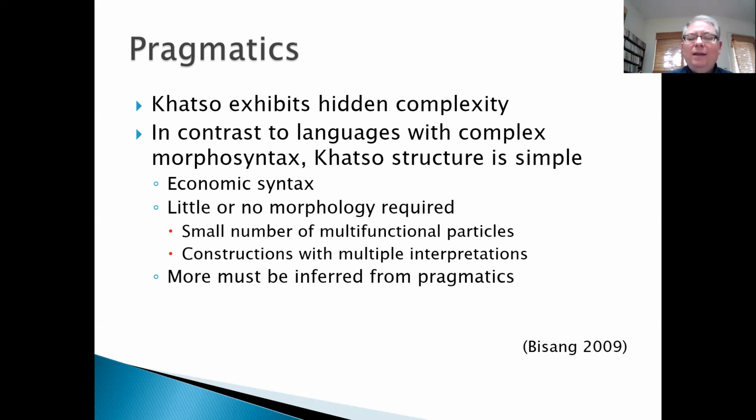You could think of it this way: the syntax in Khatso gets you part of the way there. It narrows down your options of interpretations to maybe two or three or four, but you need context to get you all the way there to find the right meaning that's meant in the moment.